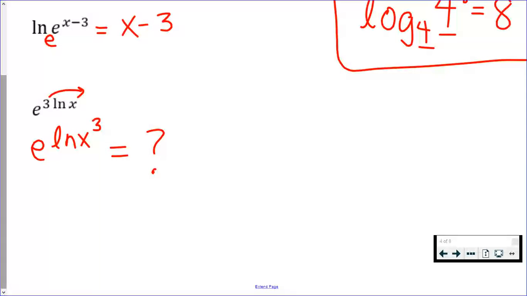So when I convert to log form, the base, which is e, moves to the other side and it becomes the base of the log. And then what you're left with is the exponent. And in this case, the exponent is natural log of x cubed.